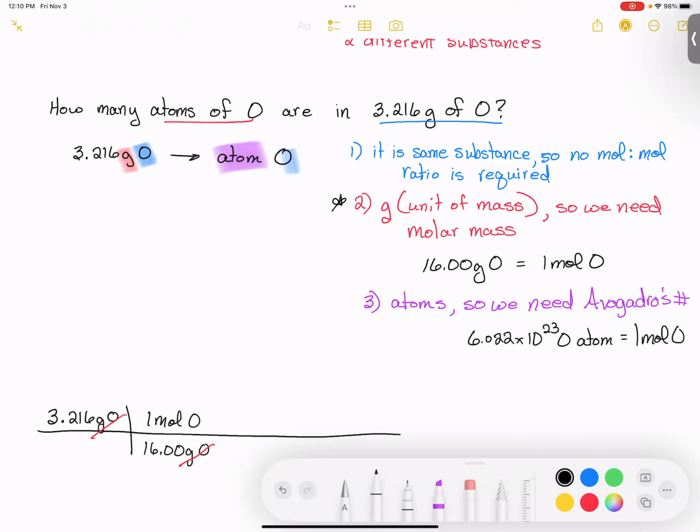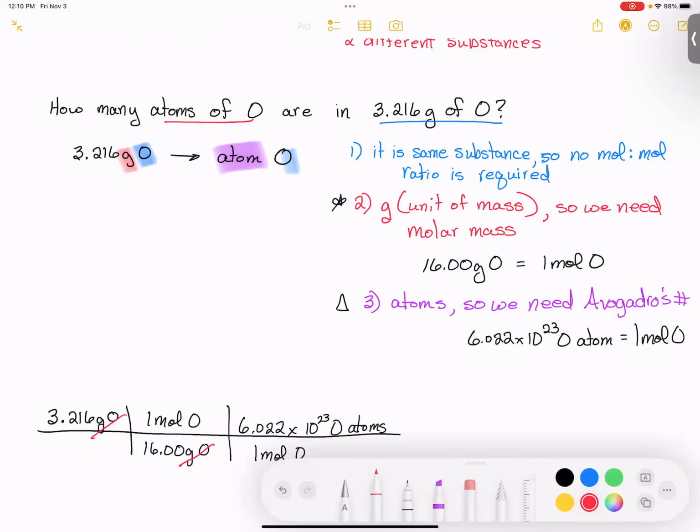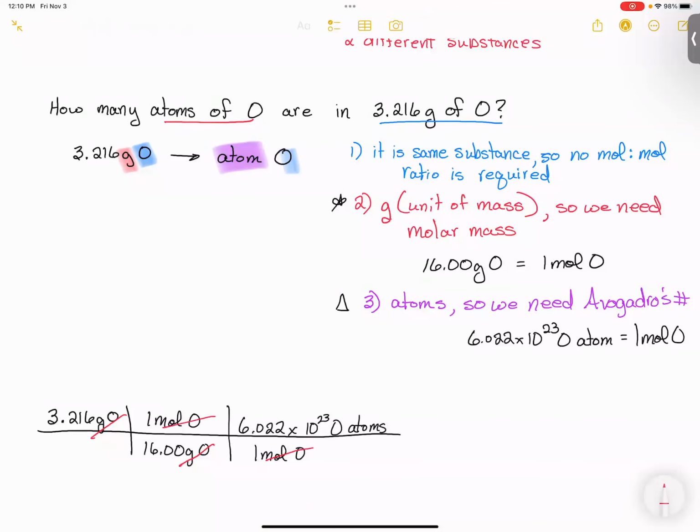So we need a second conversion factor. In this case, it's going to be the third one, which is our Avogadro's number. Of Avogadro's number, the mole portion is going to go in the denominator with the 6.022 times 10 to the 23rd in the numerator. Again, that mole portion went in the denominator so that the unit and the substance would cancel out, leaving atoms of oxygen.